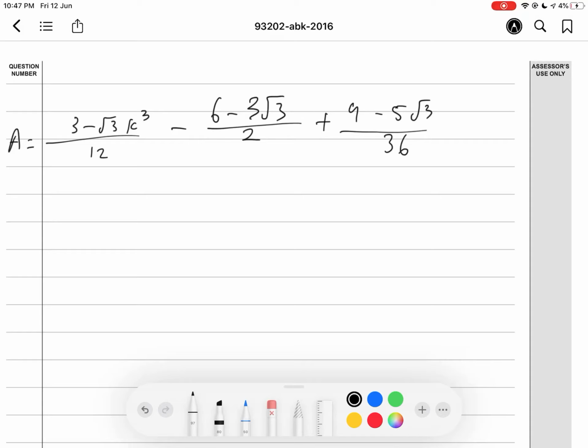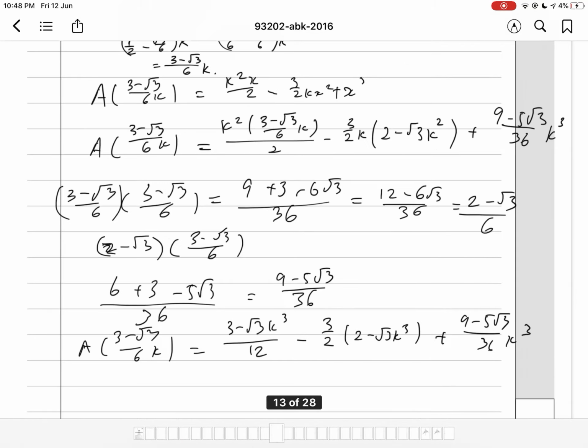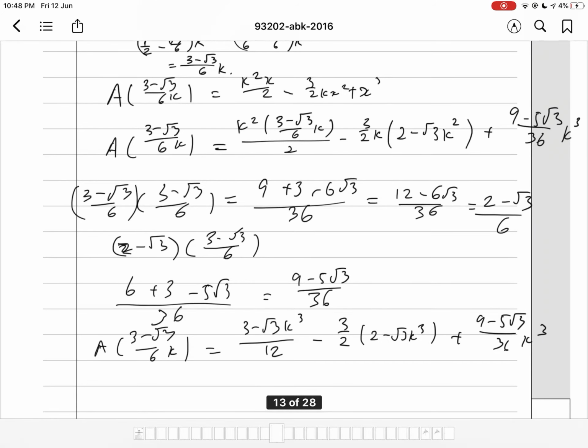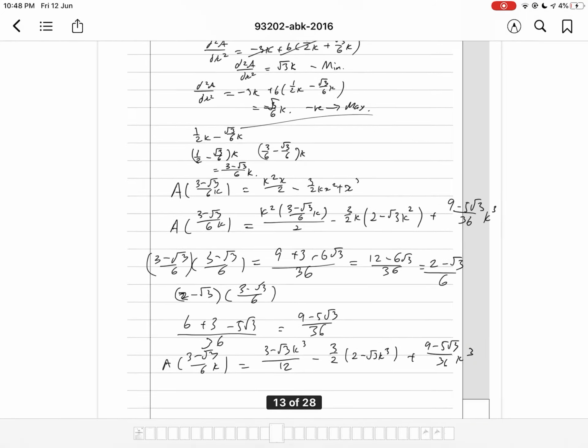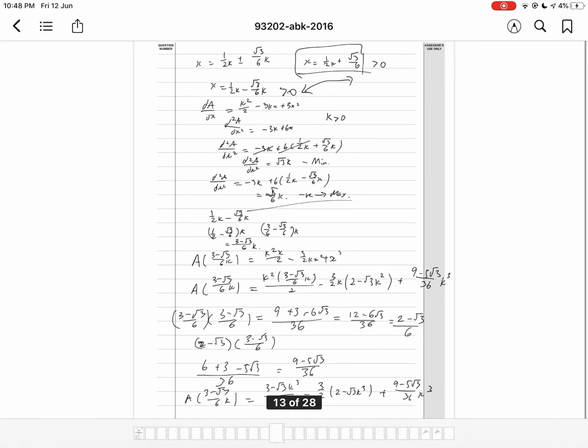So now we need to make everything a common denominator. The lowest common multiple is 36. So multiply the first fraction by 3: 9 minus 3 root 3 k cubed over 36. Multiply the second one by 18.